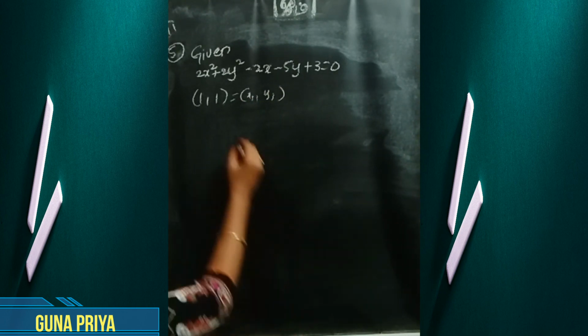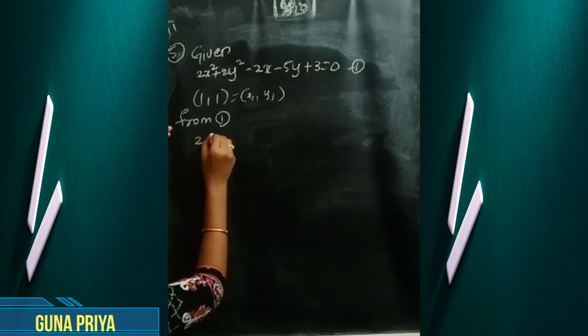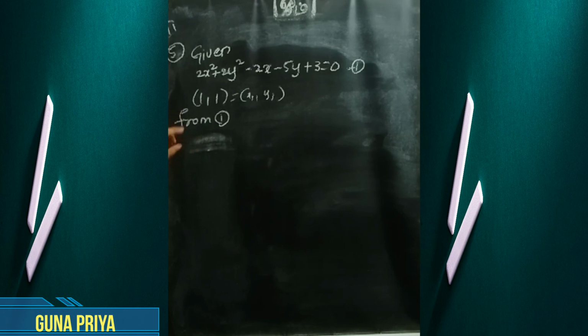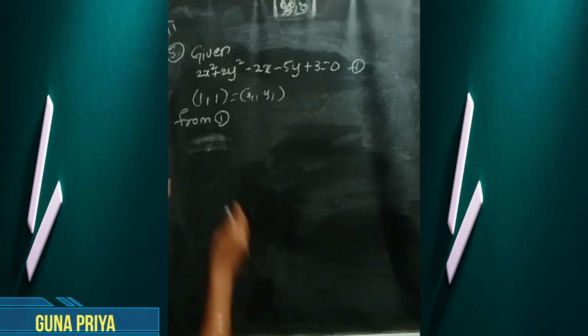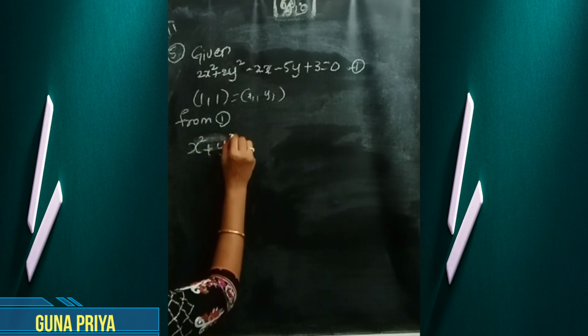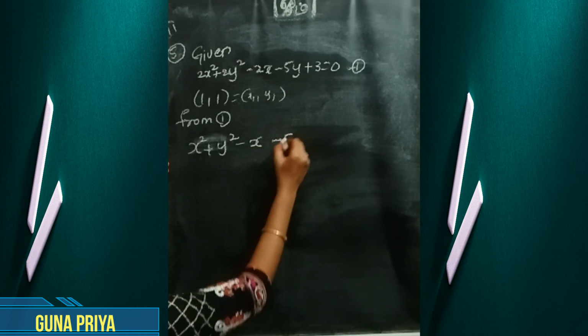For a circle equation, as I have said many times, the x square coefficient equals the y square coefficient. It should be 1 only for a circle equation. If any value is there, we have to remove that value by dividing. So x square plus y square, because 2 by 2 will become 1. So x minus 5 by 2 y.